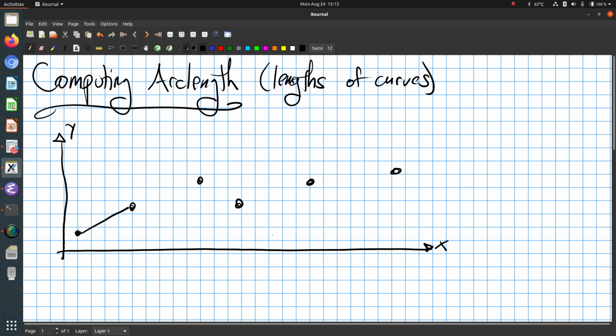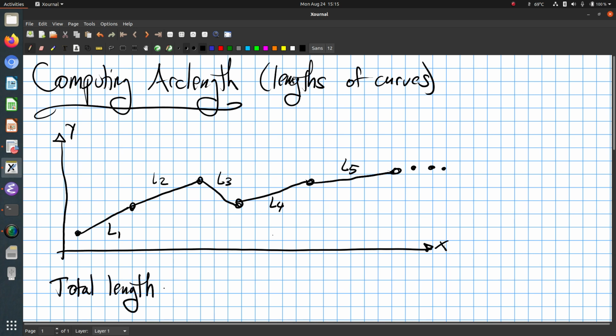And you can imagine, to a rough approximation, that you have a whole bunch of line segments connecting them. And so you'll want to add up the length of each of these little segments. Say this is L1, L2, L3, L4, L5, and so on. So the total length is the sum of all of the various lengths.